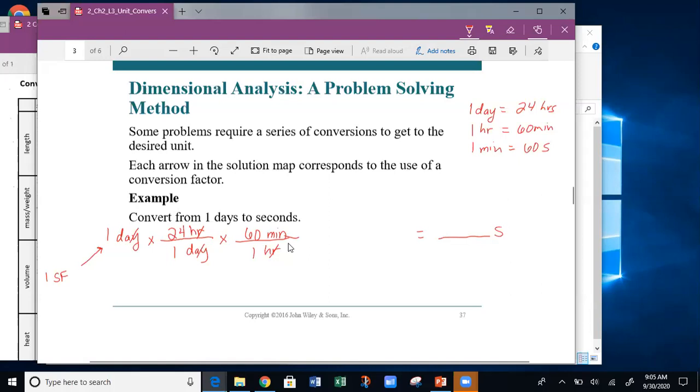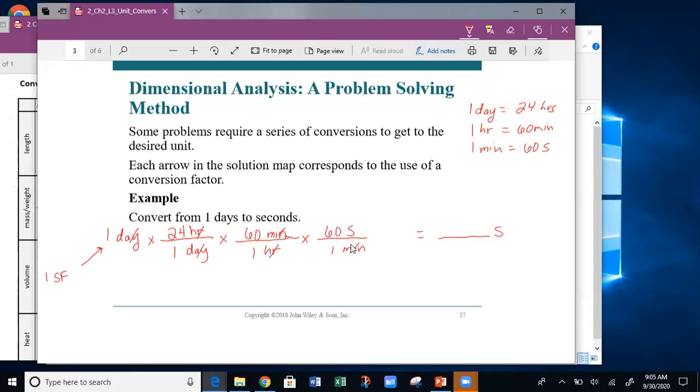And we are still not at our destination yet, which is seconds. So I need another conversion factor in which I put minutes in the denominator so that I get unit cancellation. And 1 minute is 60 seconds.